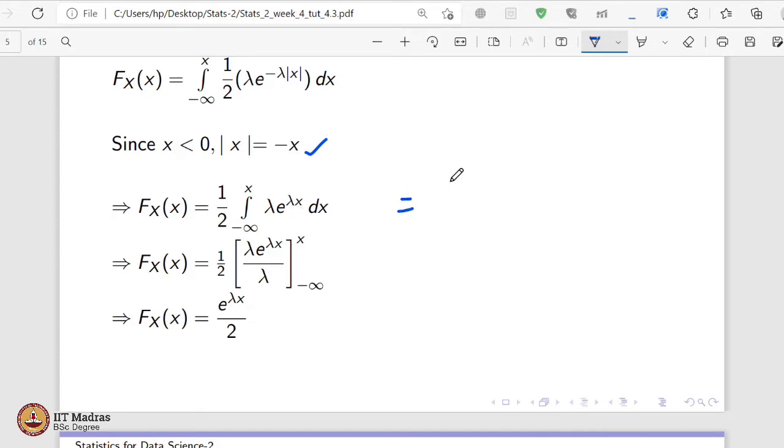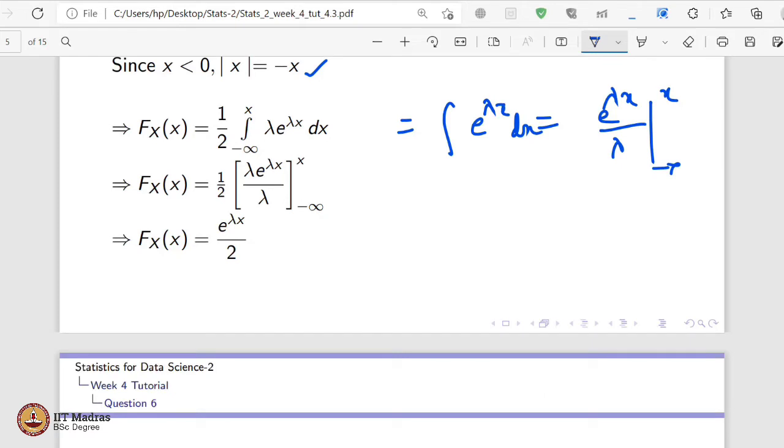We know the integration of e to the power lambda x dx would be e to the power lambda x upon lambda, with the limit minus infinity to x.